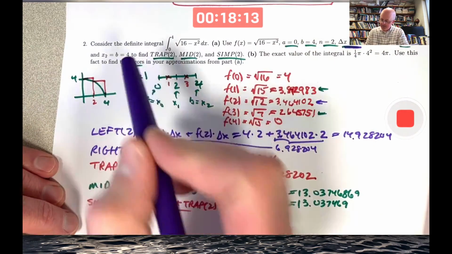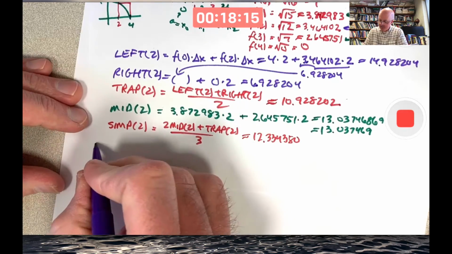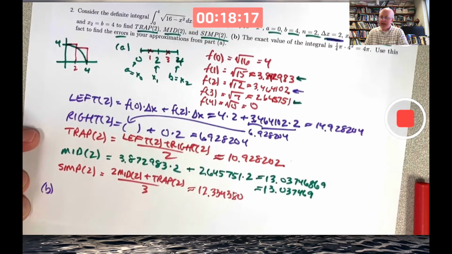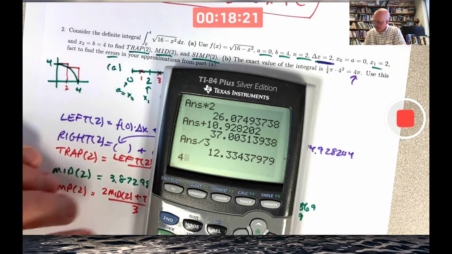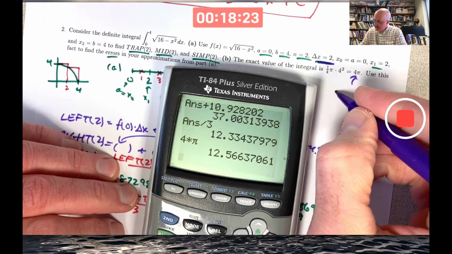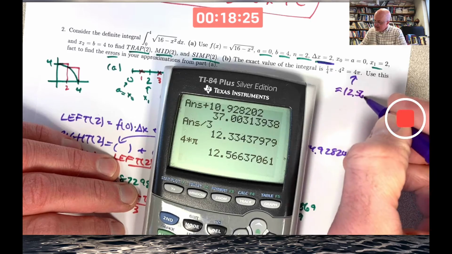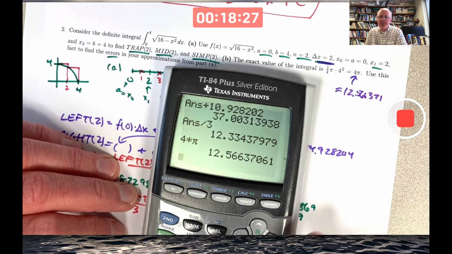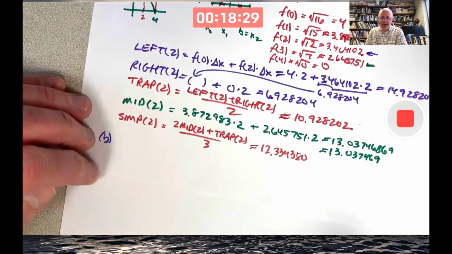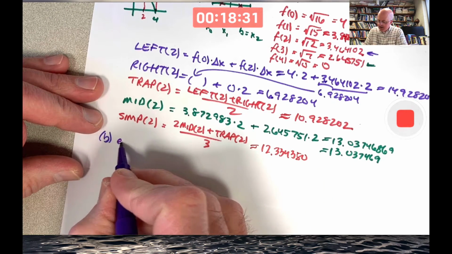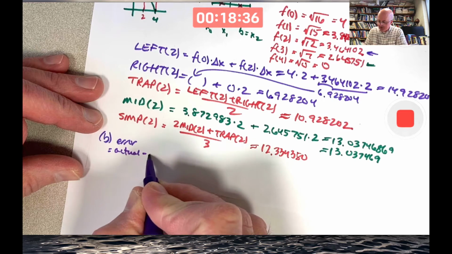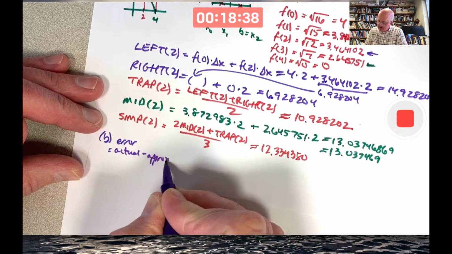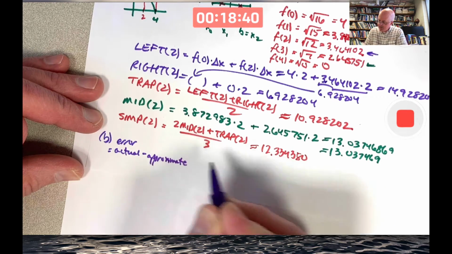After errors in these approximations, this is part B. Using the fact that the exact value is 4 pi, which is approximately 12.566371. And I also want to use the fact that error in general is actual value minus approximate, and I always remember it that way because that goes in alphabetical order.